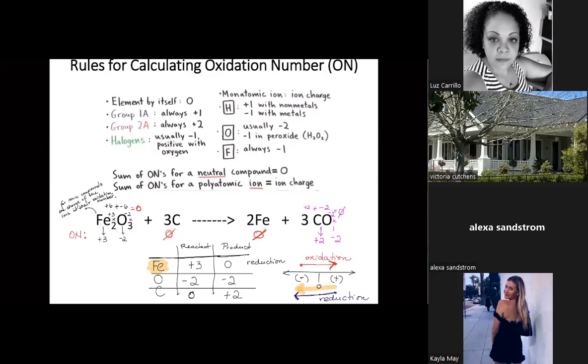Carbon, on the other hand, as we can see, was at 0 and turned into positive. So that means that carbon undergoes oxidation.